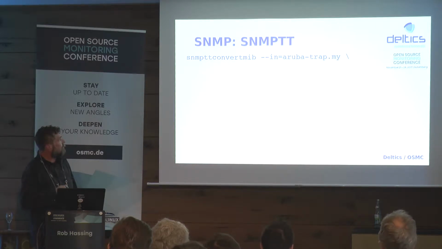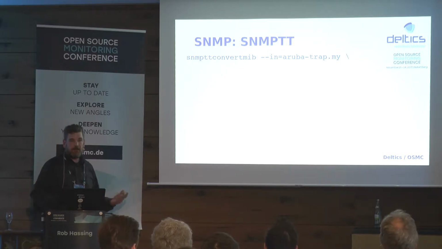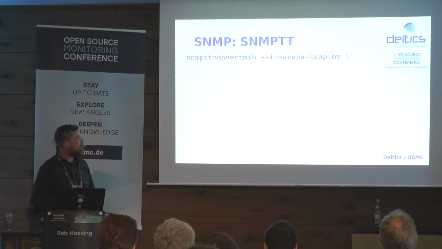We put in a MIB file. In this case, I've chosen the Aruba trap MIB file, which describes all the traps that can be sent by, in this case, the Aruba controller for wireless.